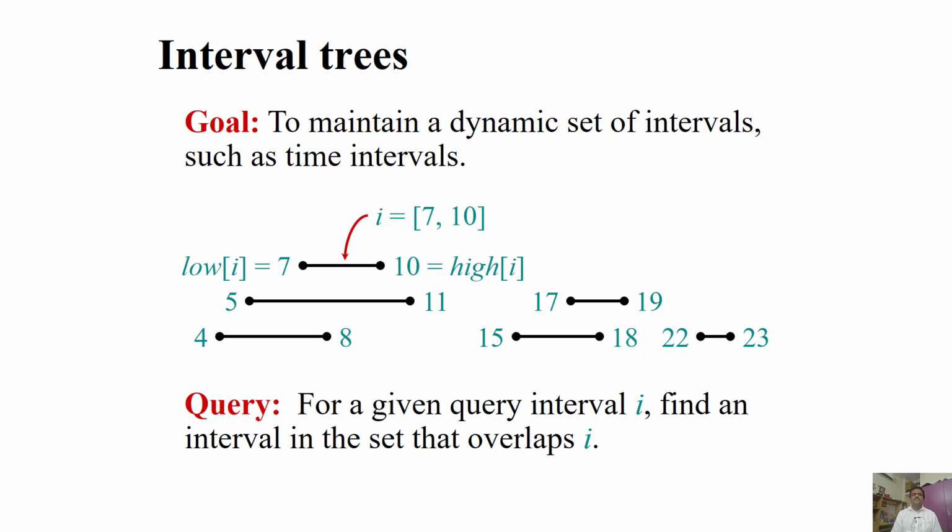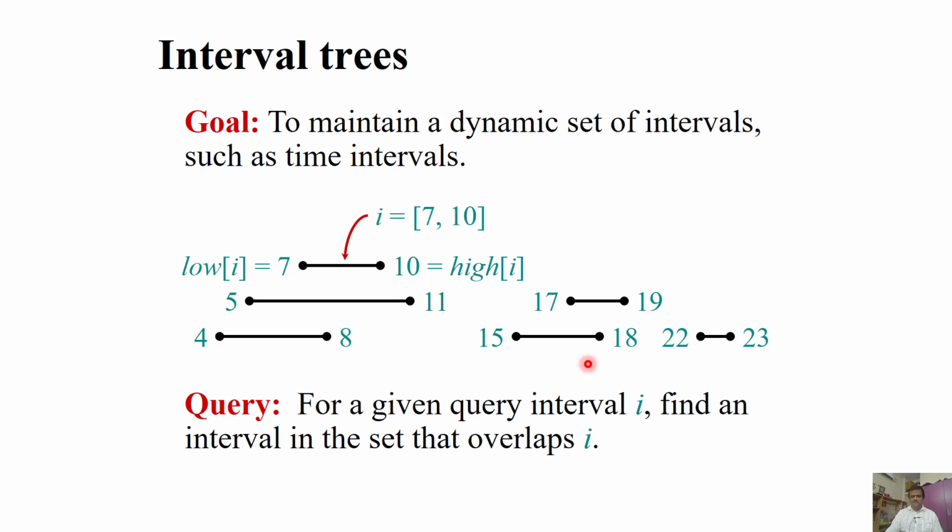We are given some intervals, basically time intervals, say 7 to 10 closed interval, and 5 to 11, 4 to 8, 17 to 19, 15 to 18, and 22 to, so these are the given set of intervals. This set is dynamic: any interval can join at any point of time, and any interval can be deleted from this set.